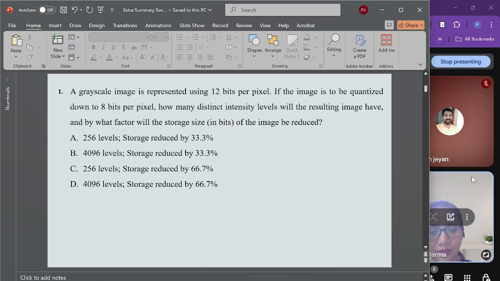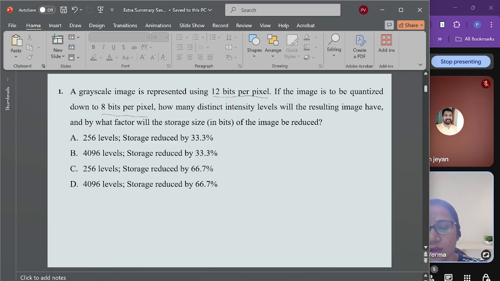We will revise some concepts that we solved in the earlier weeks. Here it is given that a gray image is represented using 12 bits per pixel, and the image is to be quantized down to 8 bits per pixel.